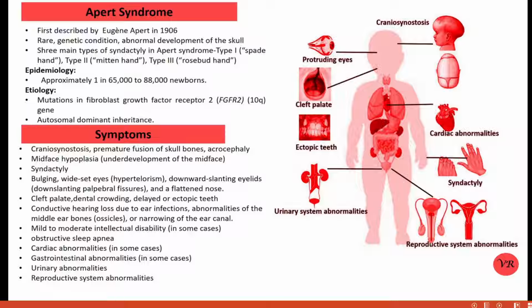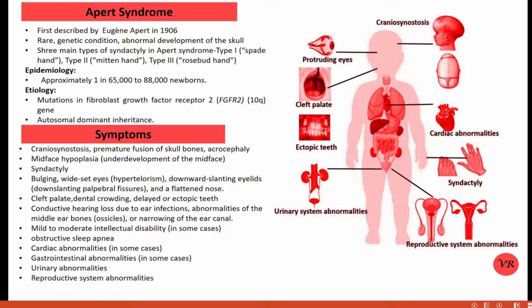FGFR2 protein is essential for normal development and growth, and mutations in this gene can lead to significant developmental disorders. Understanding its role and the effect of its mutation helps in diagnosis and managing conditions such as Apert syndrome and Crouzon syndrome.